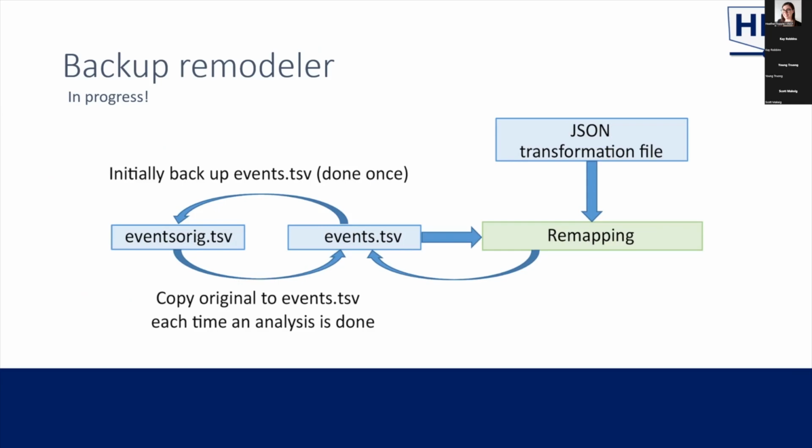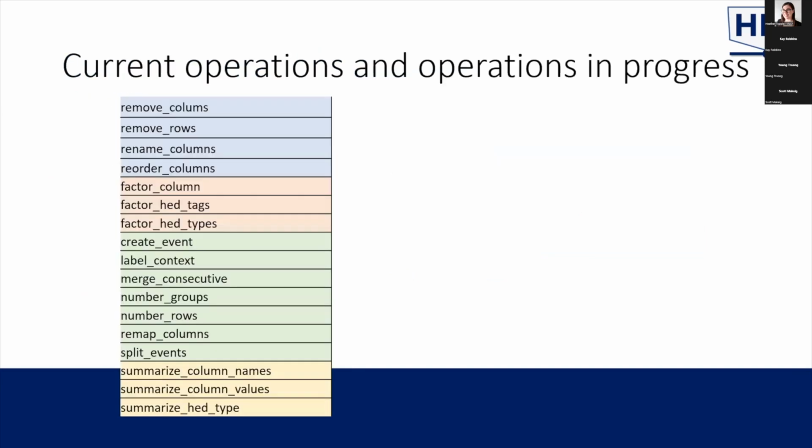Instead, it will go back to the backup, ensure that all of the event files are backed up, and then run the remodeler functions on the original events again. And this is really to make sure that none of the events data ever get lost. If you want to do more remodeler functions on an existing remodeled event, you have to stack the instructions in the JSON file. But I will show more how that works later.